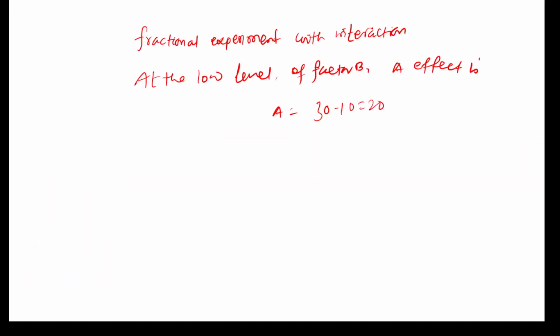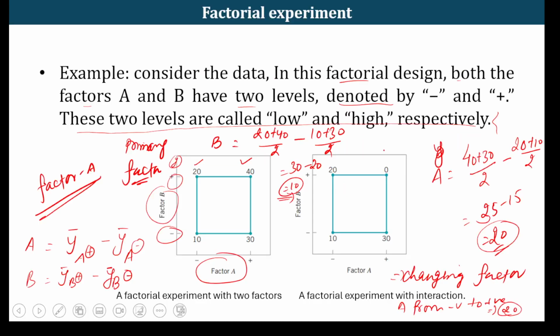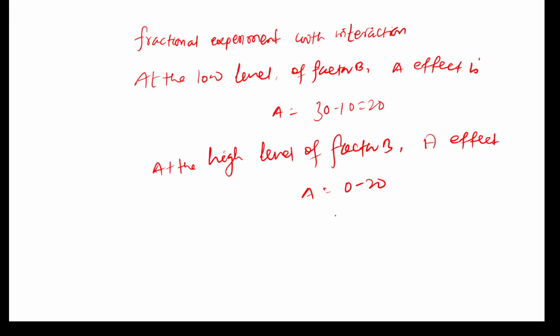If we talk about the high level of factor B, the A effect will be 0 minus 20, so it came minus 20.